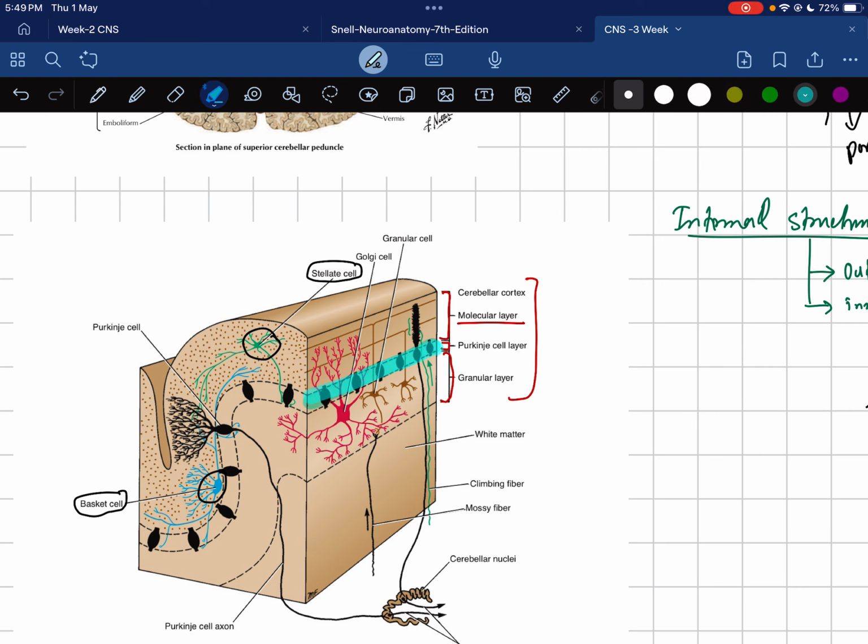In the Purkinje layer, Purkinje cells are present. In the granular layer there are densely packed granular cells, and there is also the Golgi cell.